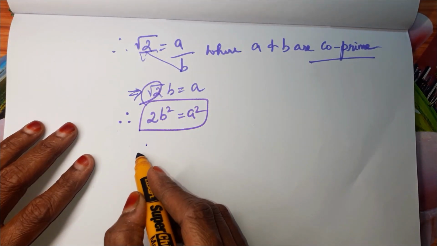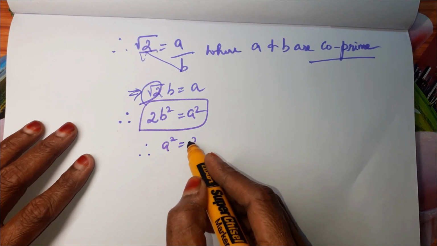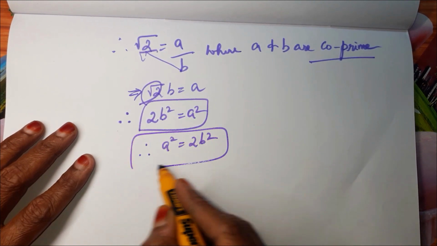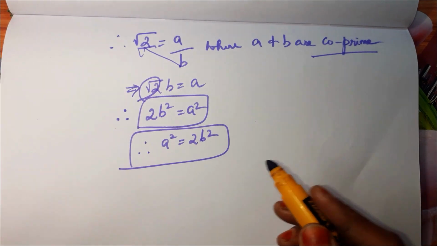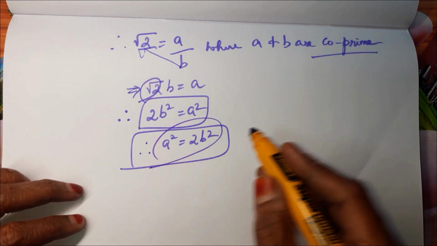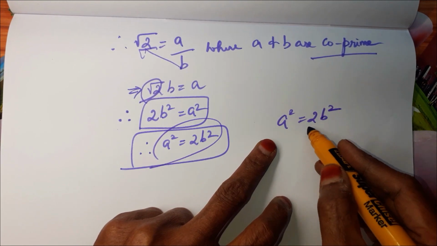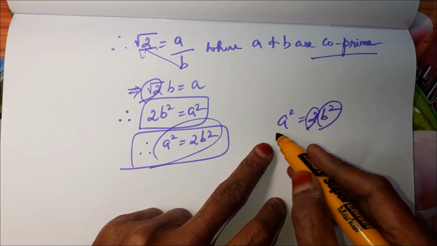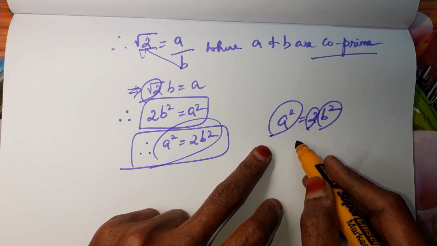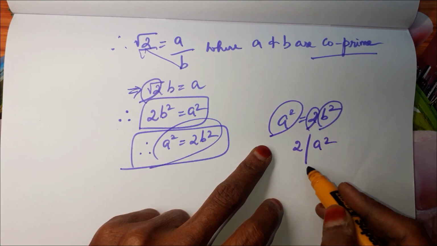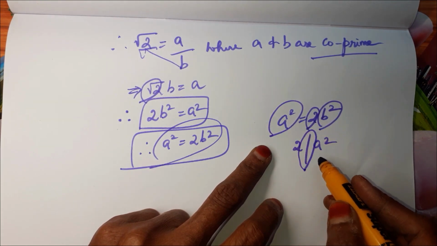Therefore, a squared is equal to 2b squared. From this result, a squared is a product of 2 and b squared, so this is one factor of a squared. That means 2 divides a squared. This symbol denotes 2 divides a squared.